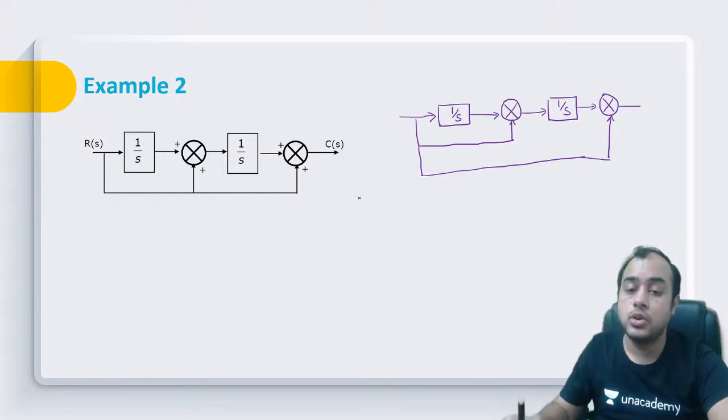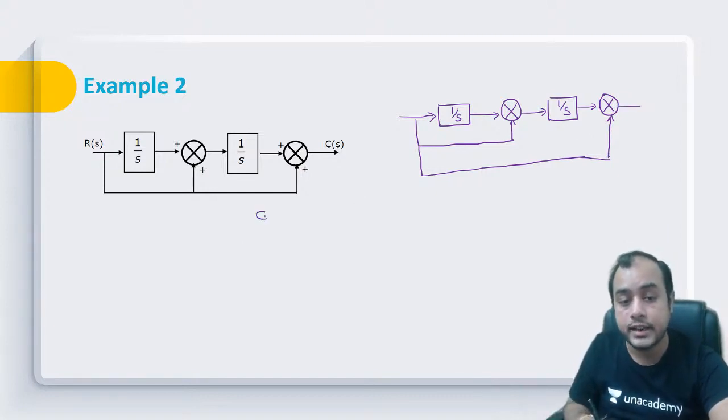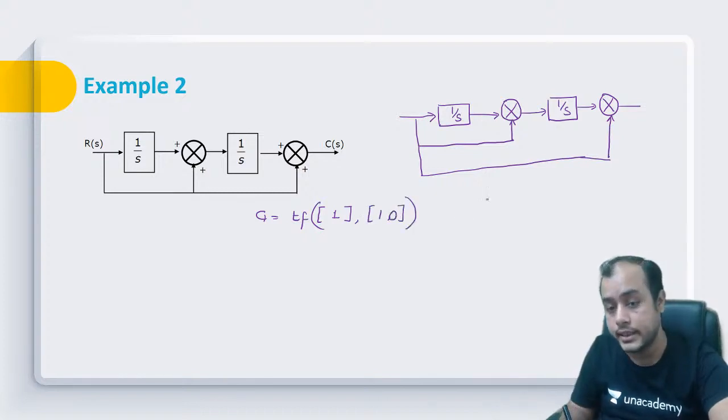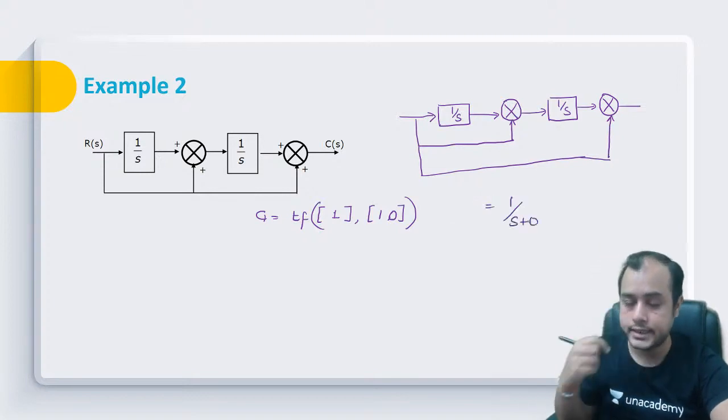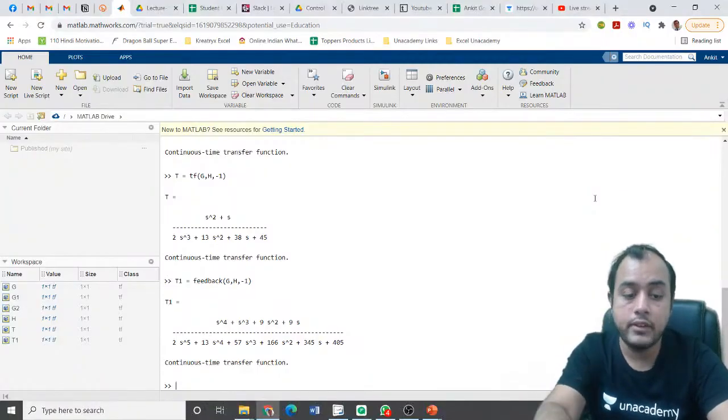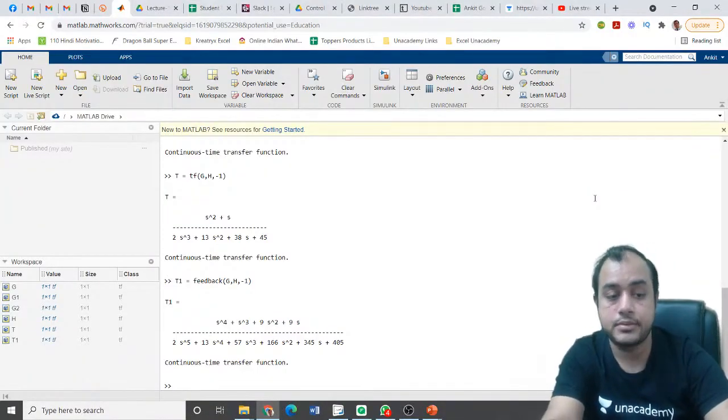So here, if you see, I will write TF 1 comma 1 0, because it is 1/(s + 0). I will define a new set of functions.